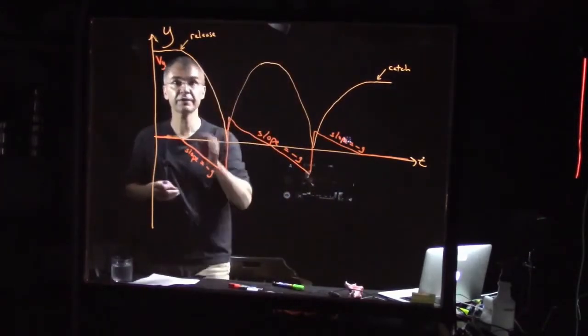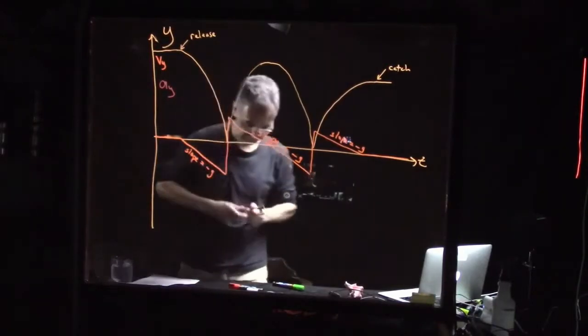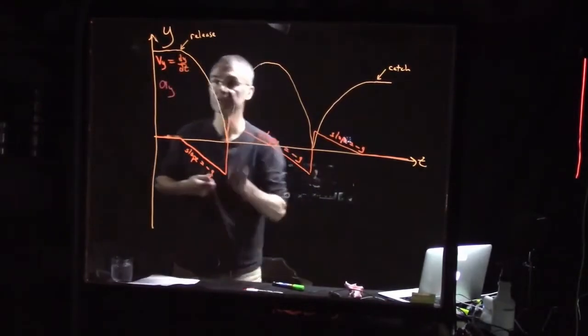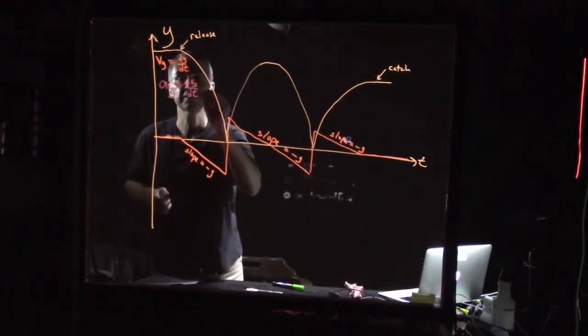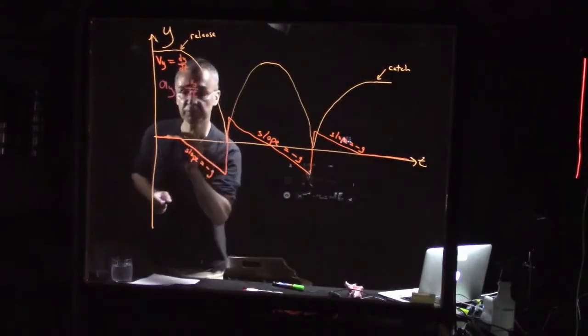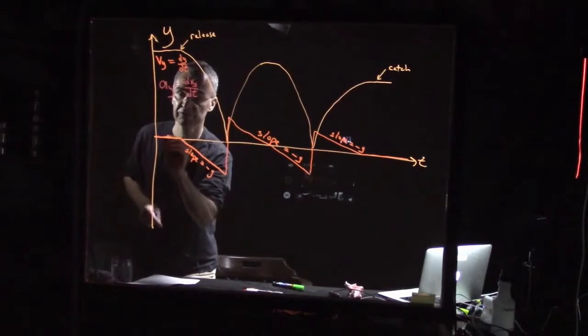So then if we draw the vertical acceleration: this vertical velocity, again, was dy by dt, and this vertical acceleration is dv_y by dt. So the slope here is 0, and it's basically the slope of this curve. So that's fine.